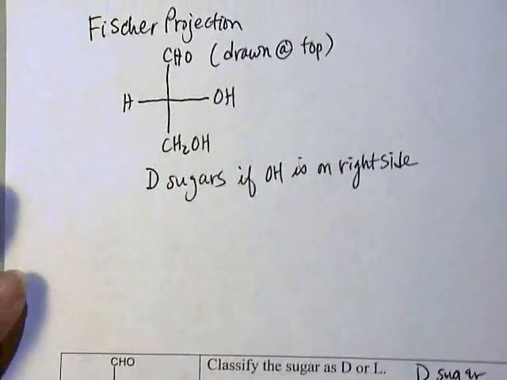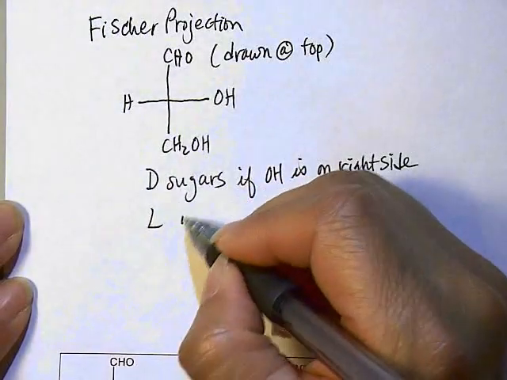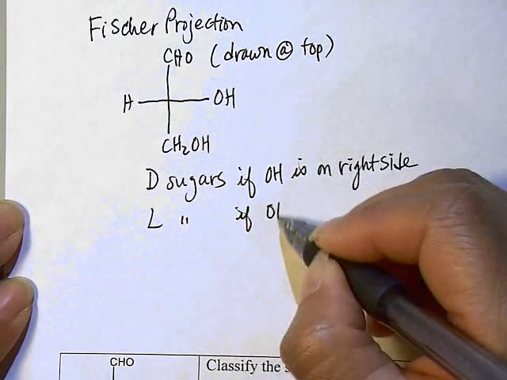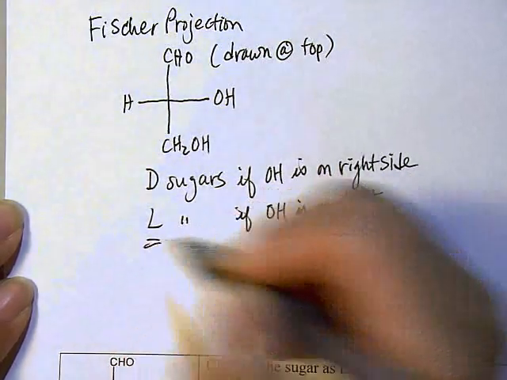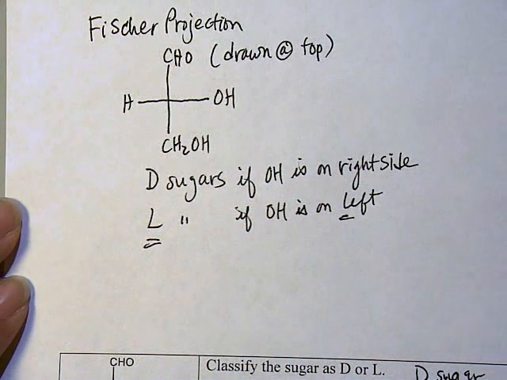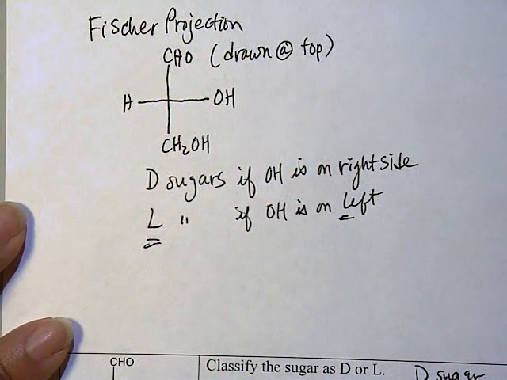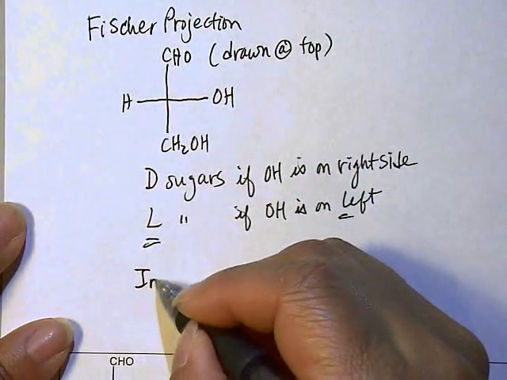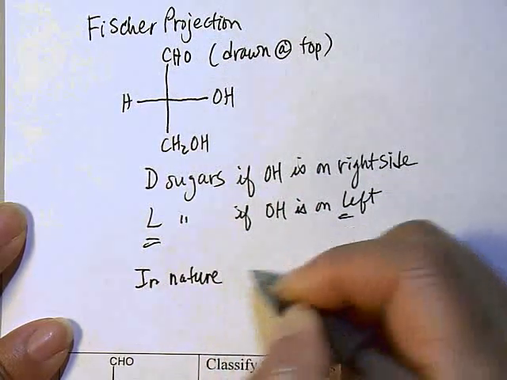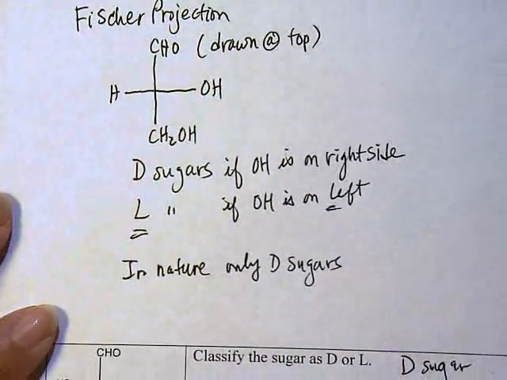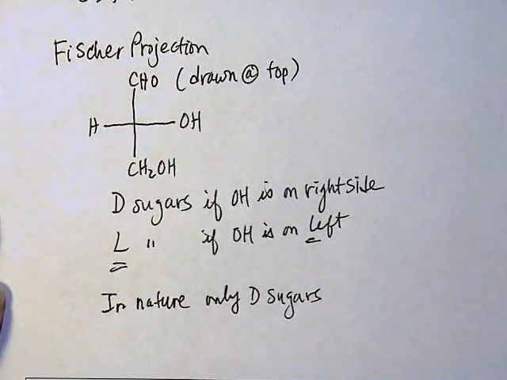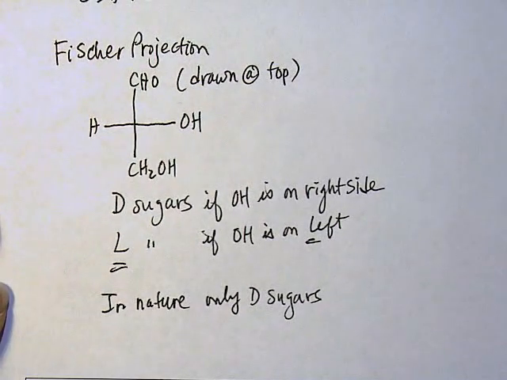All right, now how I remember L sugars is if OH is on the left. So L with L, left and L, that's how I remember, right? So it turns out in nature, only the D sugars exist. All right, so L sugars do not exist.